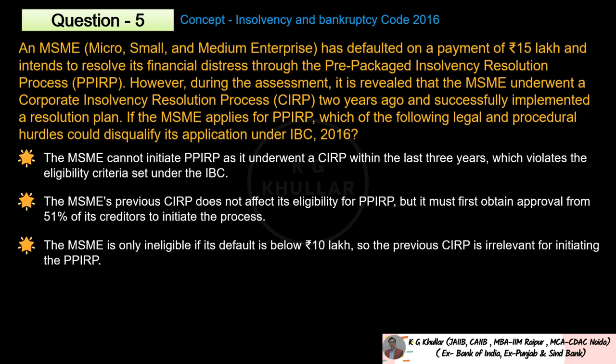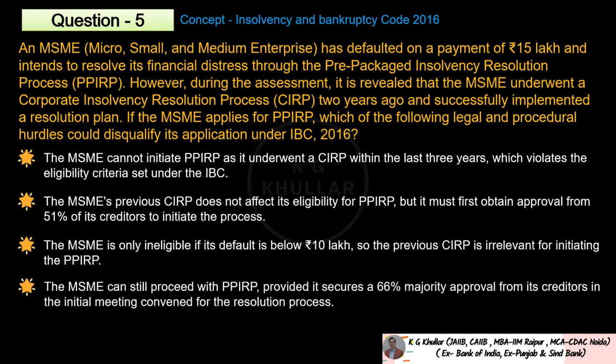Then option C is, the MSME is only ineligible if its default is below Rs 10 lakh, so the previous CIRP is irrelevant for initiating the PPIRP. And last option D is, the MSME can still proceed with PPIRP provided it secures a 66% majority approval from its creditors in the initial meeting convened for the resolution process.